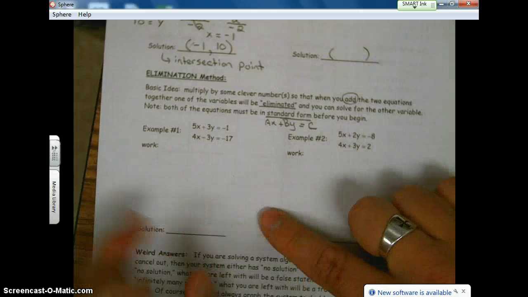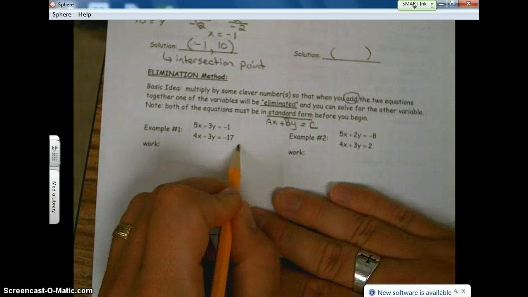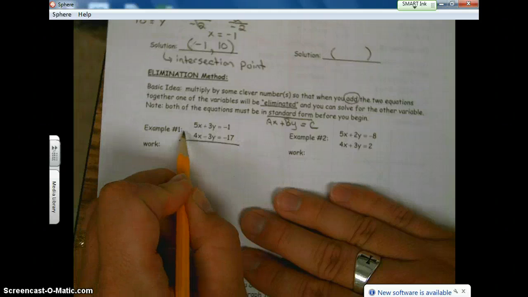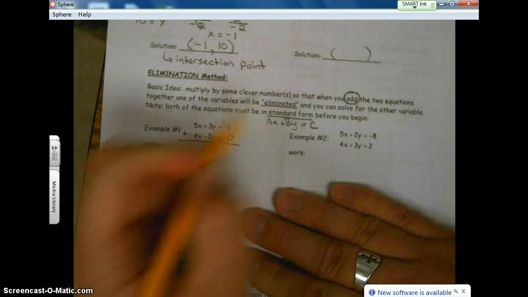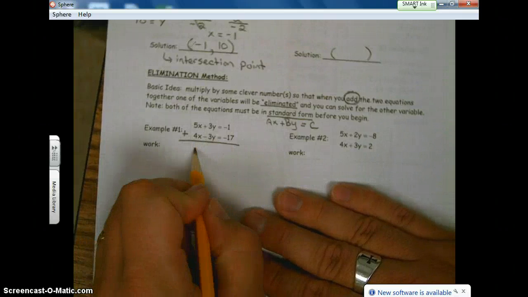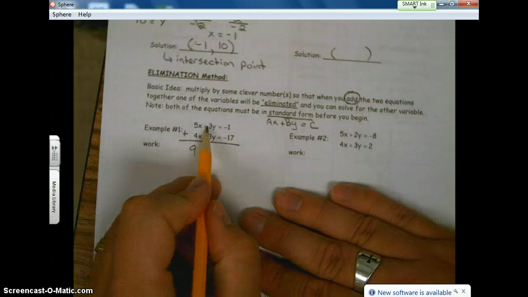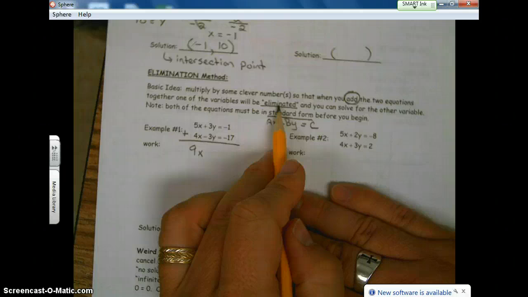Now, this one's set up nice for us, because if I add these two equations together, 5 plus 4, 9. 3 plus negative 3, look at there, eliminated. That's the goal here.